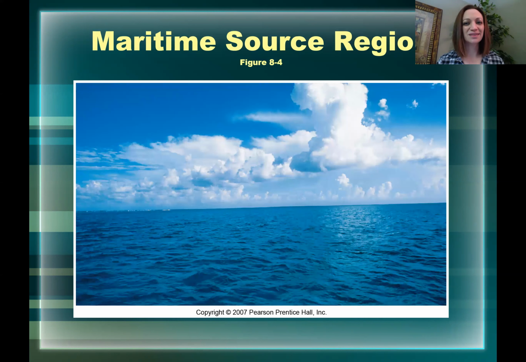How about this one? This is a little tougher. I mean, obviously it's maritime, we're over an ocean. It's a little tougher, and we really probably can't say just based on the picture, but what could it be? More than likely, equatorial or tropical. And I say that simply because there's clearly a lot of water vapor in the air, and in particular, we see this cloud right here with a lot of vertical development.